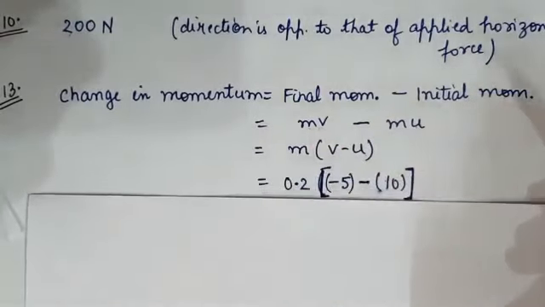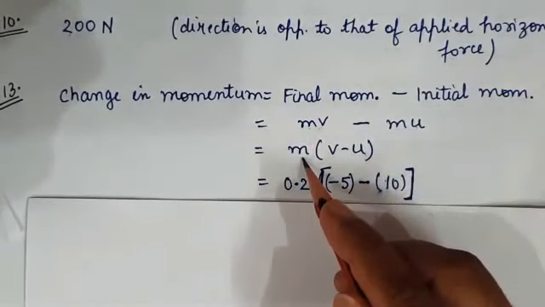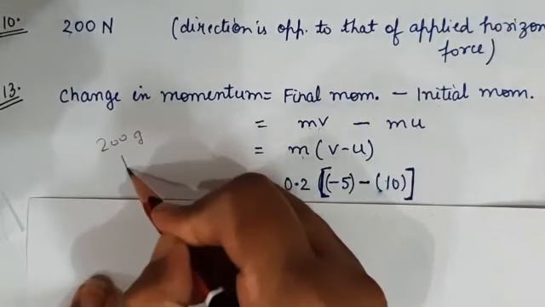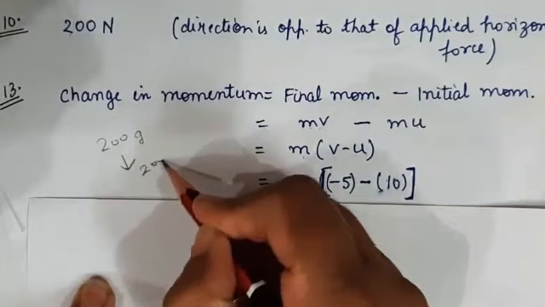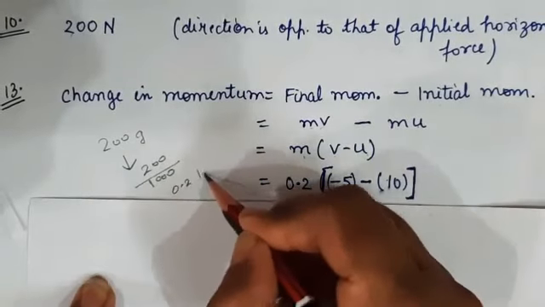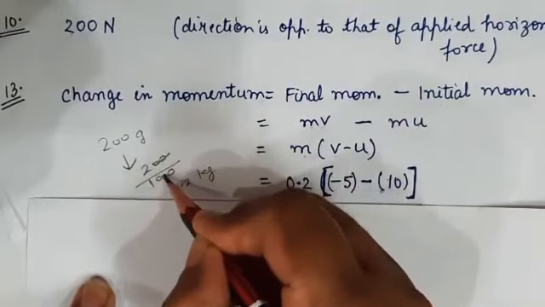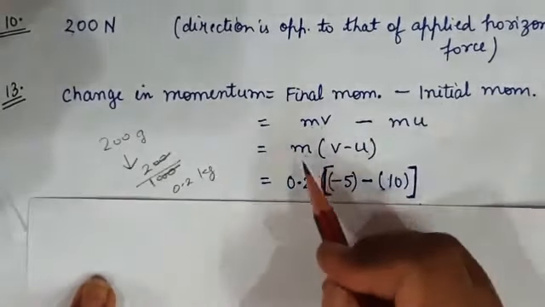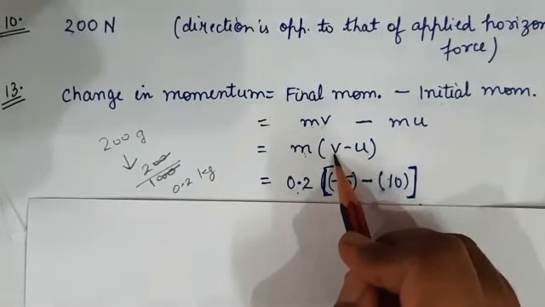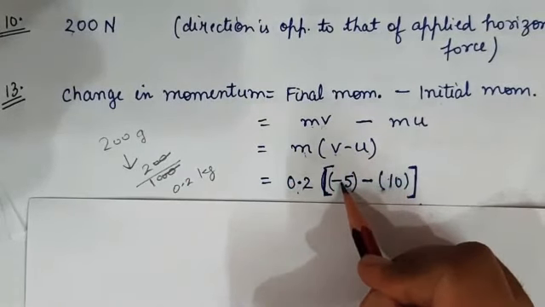Now substitute the values. Mass is given, that is 200 grams. So convert this into kg. That will be 200 divided by 1000, 0.2 kg. So mass is 0.2. Now final velocity is minus 5. Why?